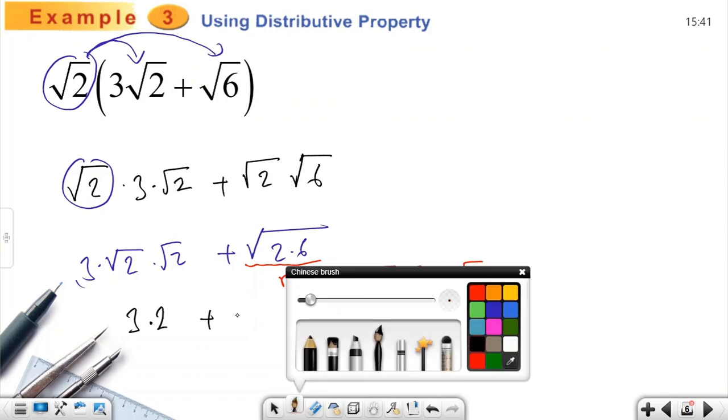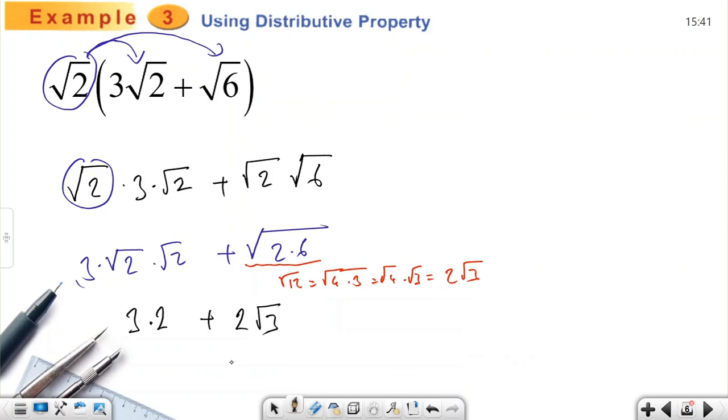So I'm going to write here 6 plus 2 square root of 3. That's the last step because we cannot combine or add them, since there's a radicand of square root of 3, so we cannot add or combine them.